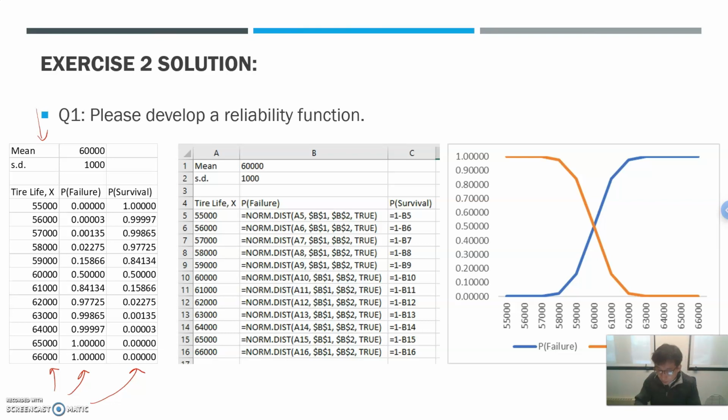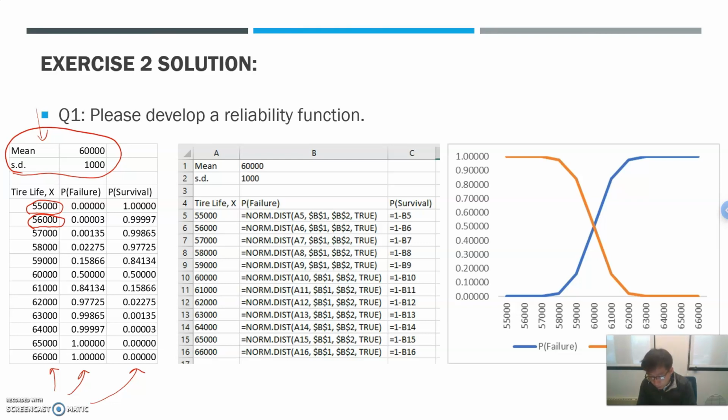Based on this distribution right here, which is also normal, you can calculate the chance that a tire will fail within 55,000 miles. You can also calculate the probability of a tire failing within 56,000 miles, and so forth.